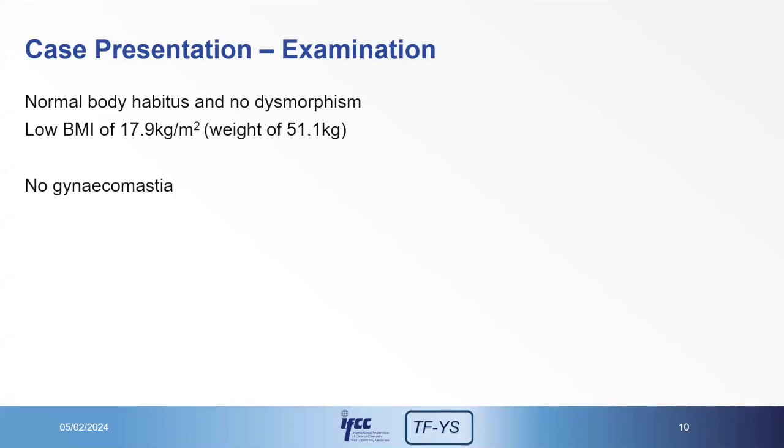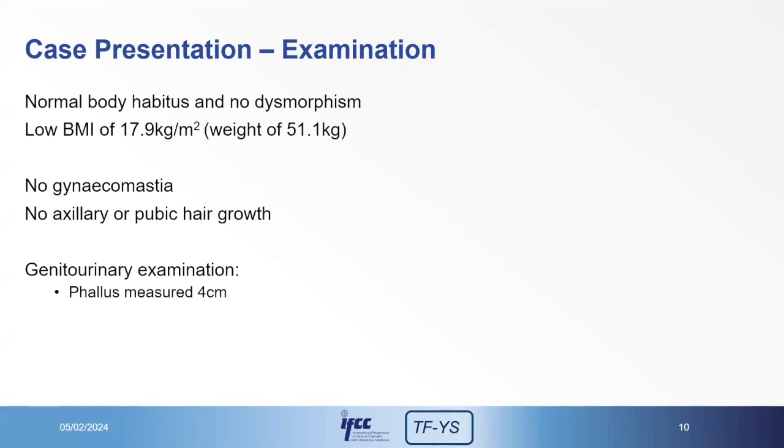He was noted to have no gynecomastia, no axillary or pubic growth was confirmed, and on genitourinary examination, his phallus measured 4 centimeters and his testes were 2 centimeters bilaterally, where this correlates to a Tanner stage 1 criteria.